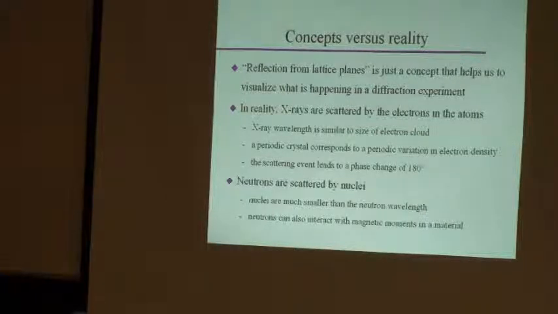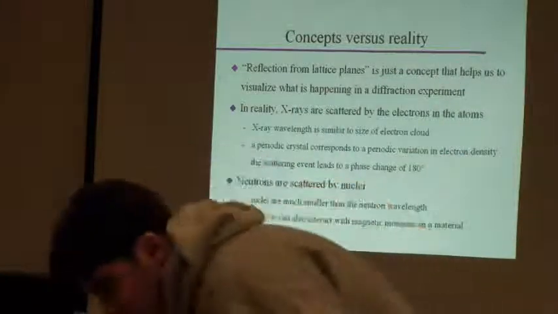Now the other thing is, if you have a periodic crystal, and this goes back to our whole unit cell concept, then we also have a periodic array of electron density, right? Because each unit cell has the same contents. And that means that we scatter our X-rays off a periodic array of electron density.